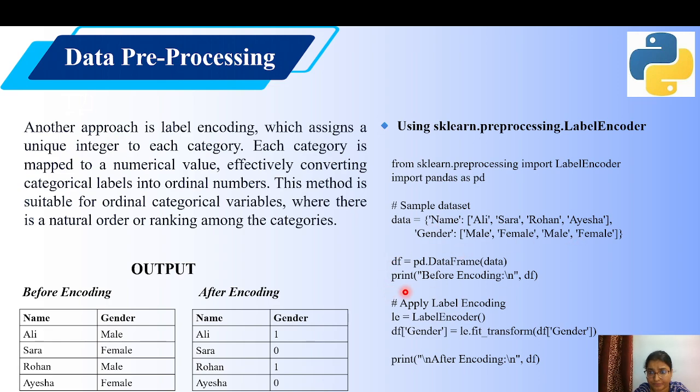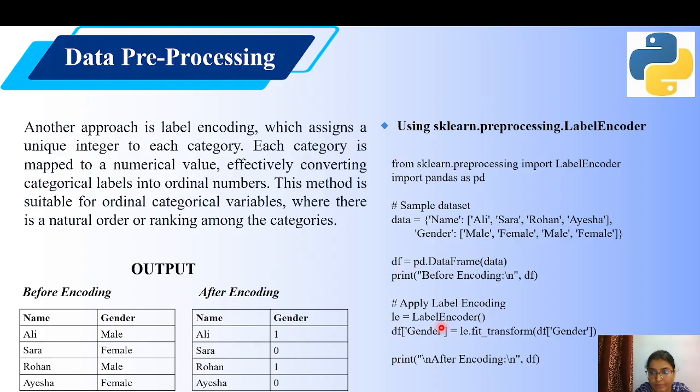Before encoding we have this kind of data. Then this categorical variable is assigned a numerical value. So we have assigned male as 1 and female as 0.